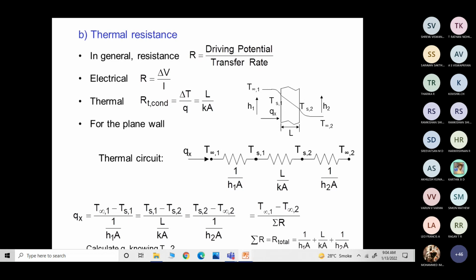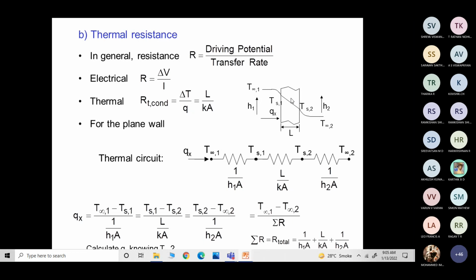So finally, the heat conducted is calculated by T infinity 1 minus T infinity 2 divided by sigma R, where sigma R is the sum of the total resistances, and T infinity 1 and T infinity 2 are the temperatures of the inner fluid and the outer fluid. In other words, the heat conducted is equal to T infinity 1 minus T1 divided by 1 by h1 A, by considering the first fluid alone.